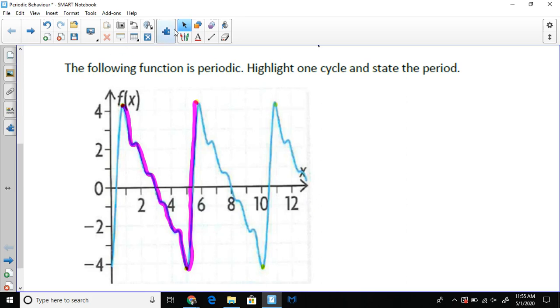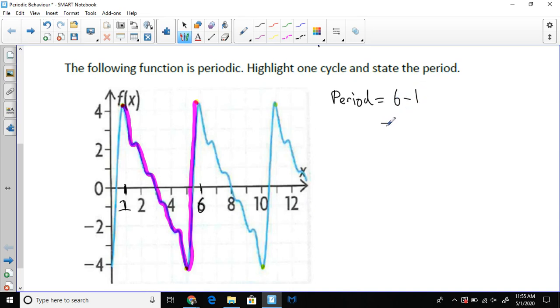So again, if we talk about what the period is for this particular one, you say, well, okay, what's the length of one pattern? Well, here I started at 1, and then I ended at 6, right? So the period is, if you need to do 6 minus 1, you can, or it's 5 units, right? 1, 2, 3, 4, 5.